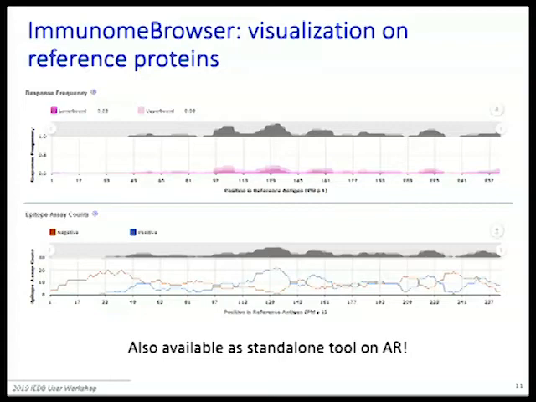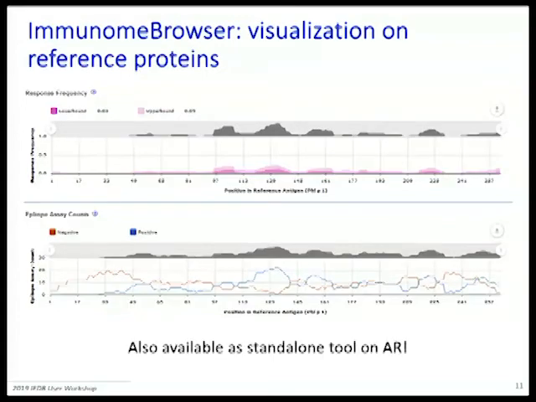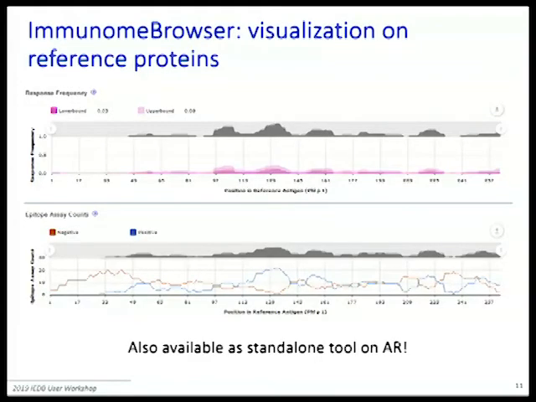And then it also allows you to distinguish, by comparing the two graphs, whether there are areas that have low or negative response frequencies because they simply weren't studied, or because they were studied and, for example, showed low reactivity or no reactivity. In the end terminus of this example, you see very low frequencies on this side, but if you switch down here, you can see that those were, in fact, pretty well studied, with a lot of negative responses.